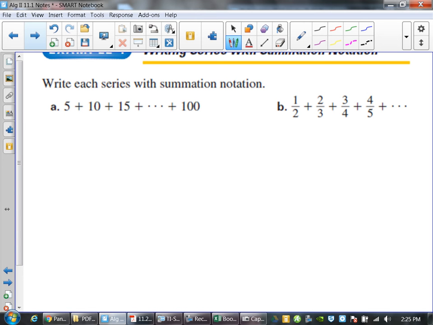Good. So we start out with our summation symbol, sigma. Where do you start? At 1, n equals 1. And how many terms will be in that series? 20, good. Put it in your calculator and hit enter. And what do you get?